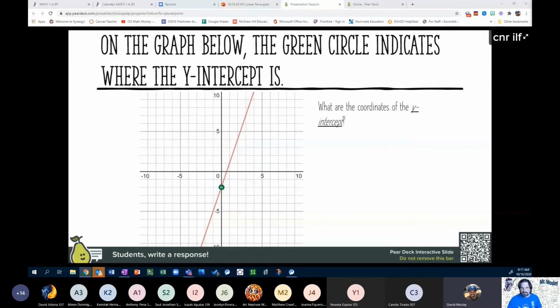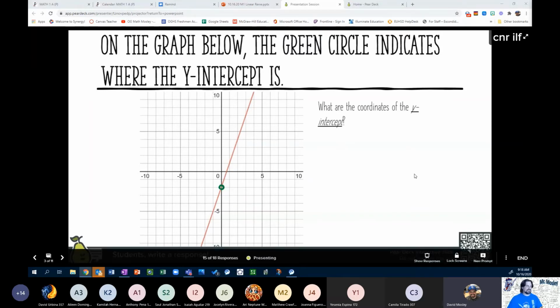Excellent. All right. So the proper coordinates would be the coordinate inside parentheses 0, comma, -2.